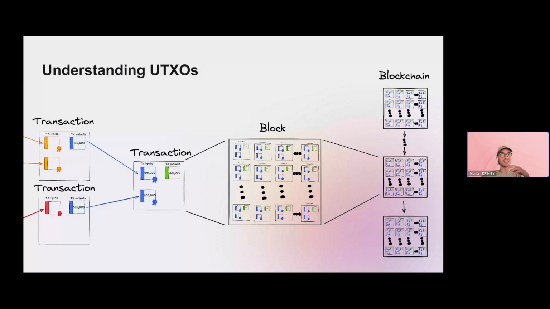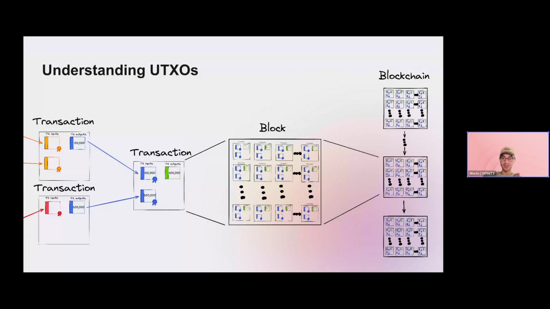As you can see on the slide, the 2 inputs to Alice's transaction were actually outputs from previous transactions. If you want to create a transaction on the Bitcoin network, you have to spend UTXOs. So you have to use UTXOs as inputs to your transaction to create an output that you can then give to someone else. And of course, otherwise all of this wouldn't make any sense.